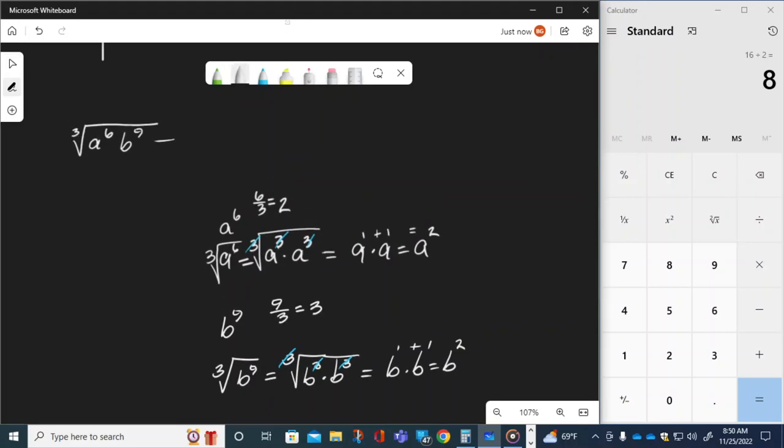So the answer to this is the combination of this number times that number. So this is equal to a to the power of 2, b to the power of 2, and then you are done. Okay? All right, let's do another example, a little bit more complicated.